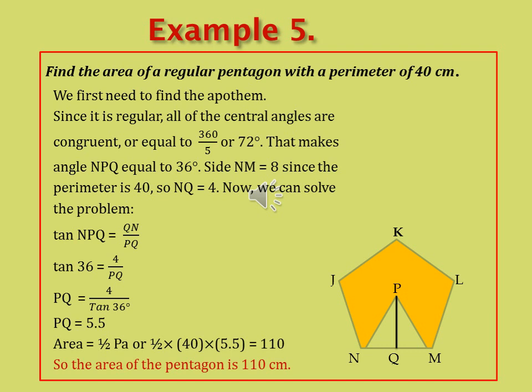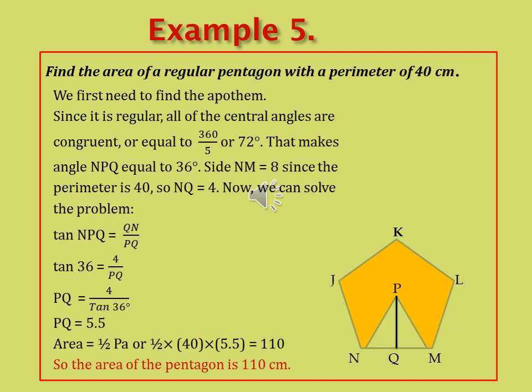Therefore, the length of side NM is 8 centimeters, meaning PQ is dividing the length NM into 2, and therefore if NM is 8, then NQ will be 4 centimeters. With that, now we can get our apothem and hence the height.